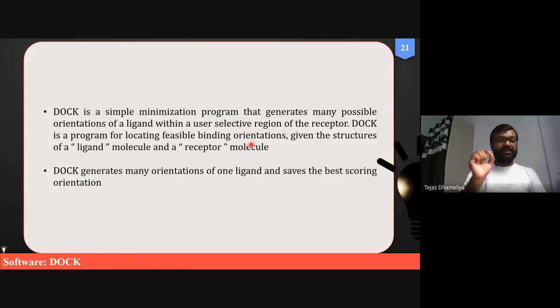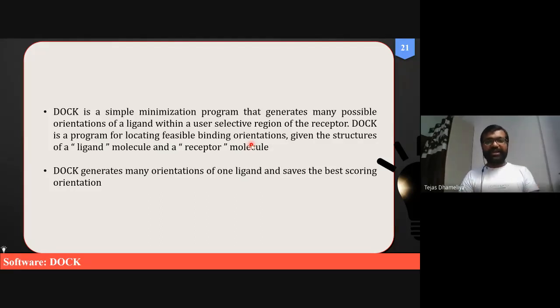And then you can sort them depending upon the binding energy, which pose is best and which pose is poor. This is a good pose, this is a poor, inferior pose. And you can decide that depending upon the binding score or the docking score.